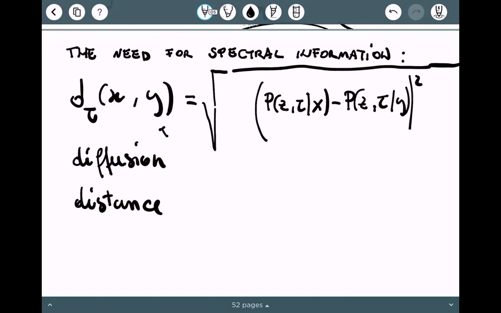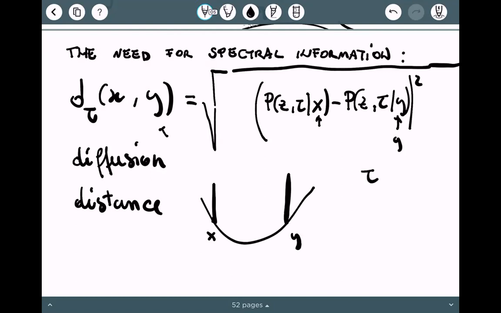Now, of course, this depends on Z, and I'm not interested in Z. So let's imagine for a moment what will happen if I am in the same basin. I start from a delta function distribution, probability focused in X. I start from a delta function distribution, probability focused in Y. And then I let the system evolve for a time tau.